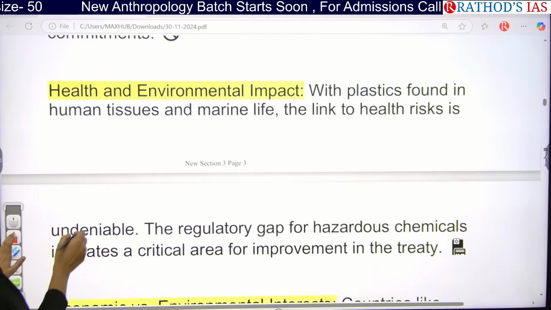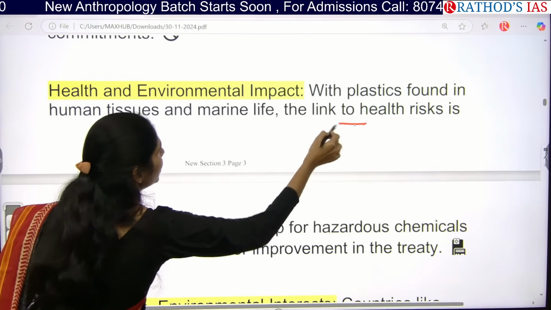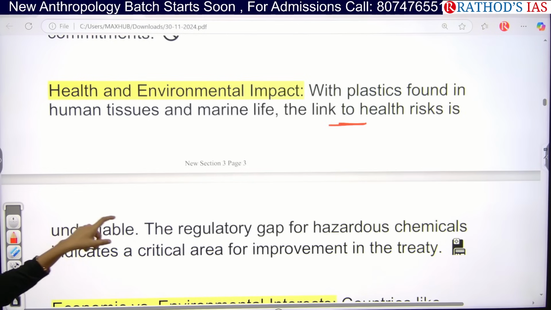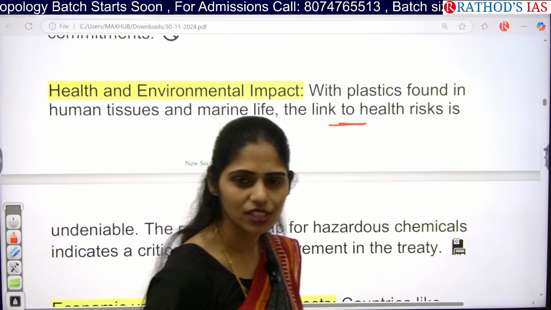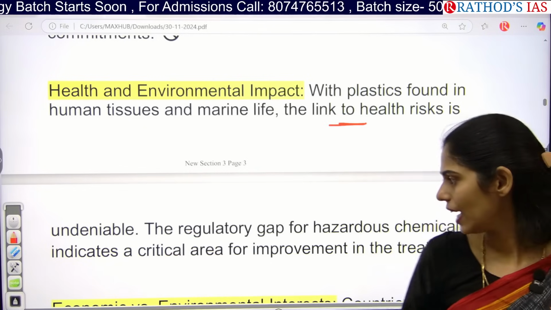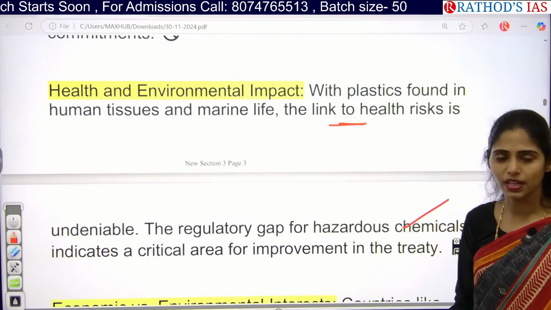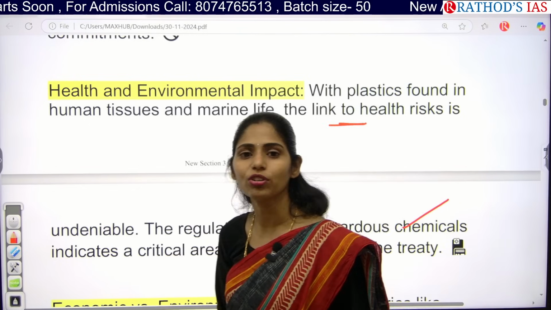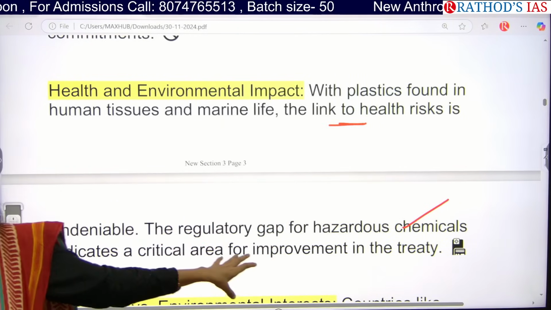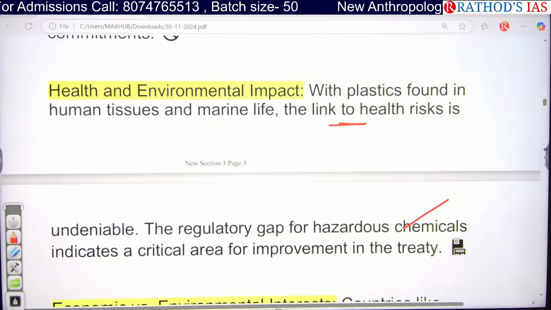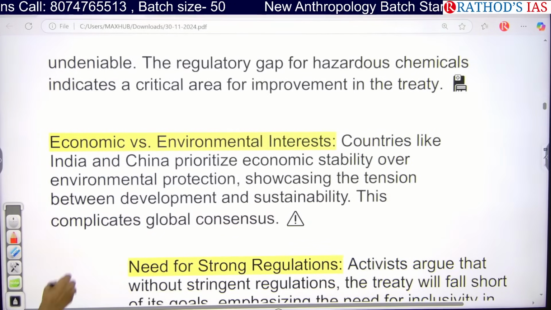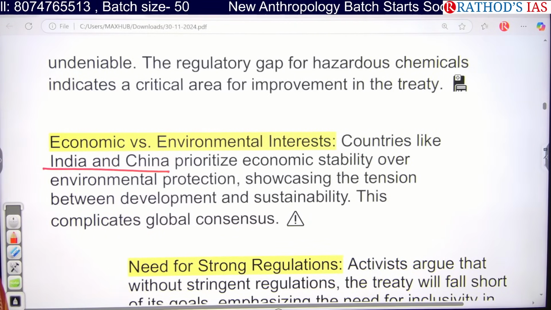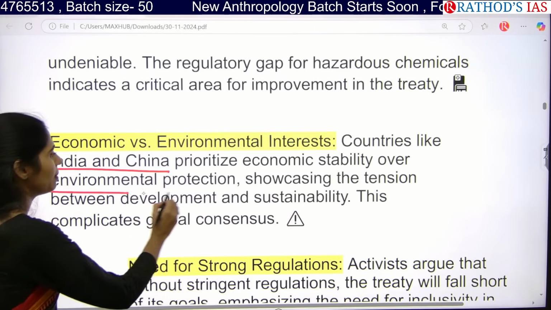So there will be a lot of health issues, and we are not regulating the hazardous chemicals used for plastic production. We have to control it as soon as possible, and these are the things we have to include in this treaty, at least controlling hazardous chemicals. And next, countries like India and China prioritize economic stability over environmental protection.